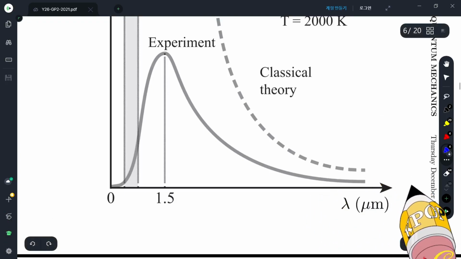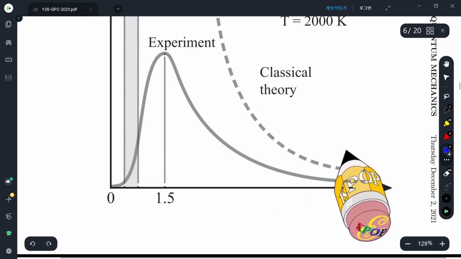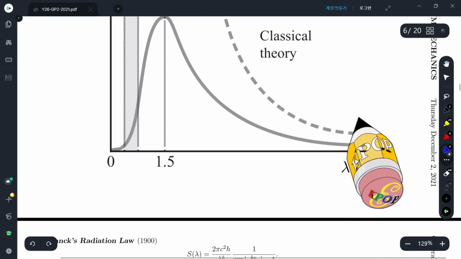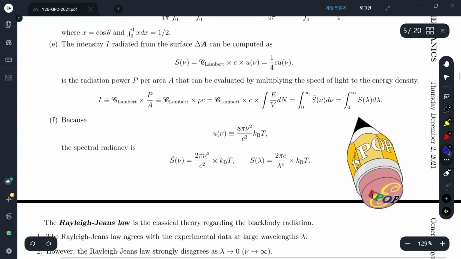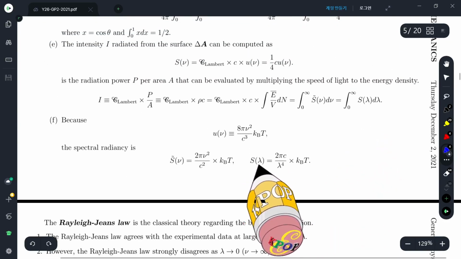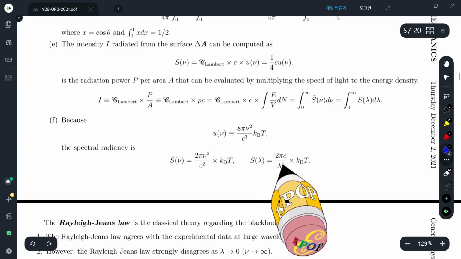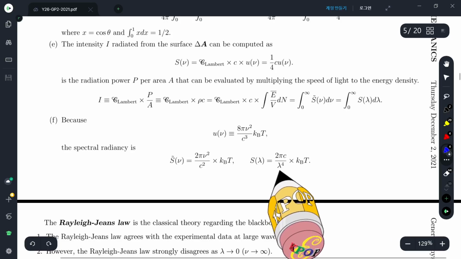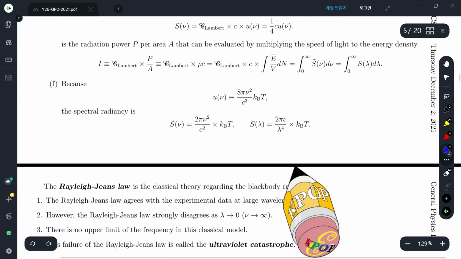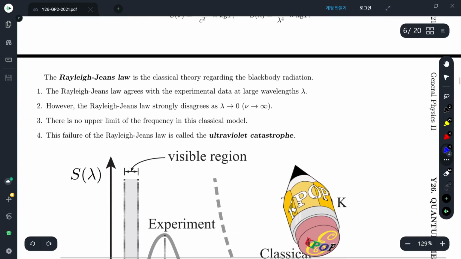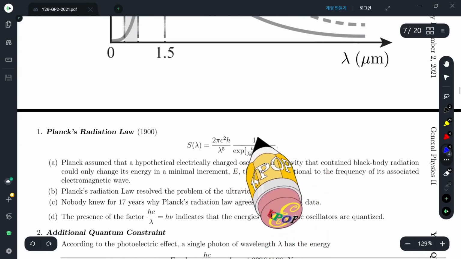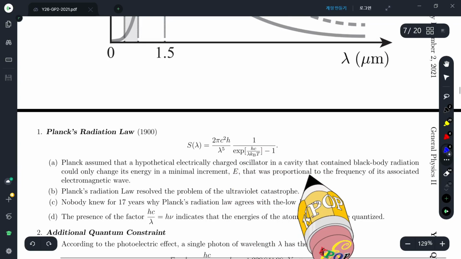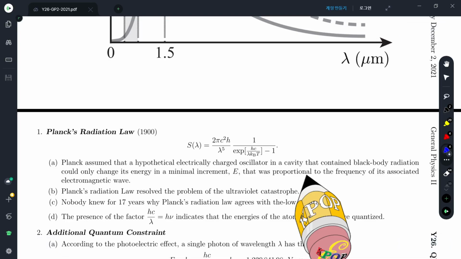This radiation pattern for large lambda is not divergent. So the spectral radiancy has a strict divergence in the limit lambda goes to zero, but the tail at large lambda seems to be okay. This is a formula not derived from some fundamental assumption, but just to fit the data.